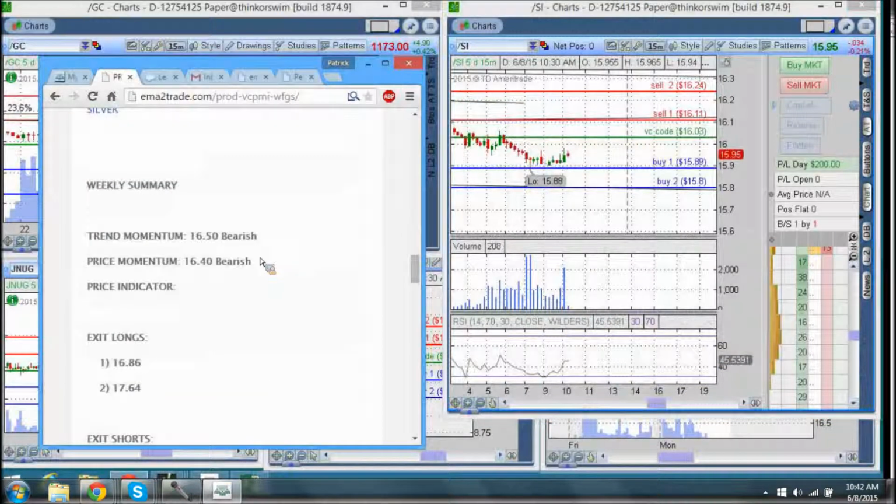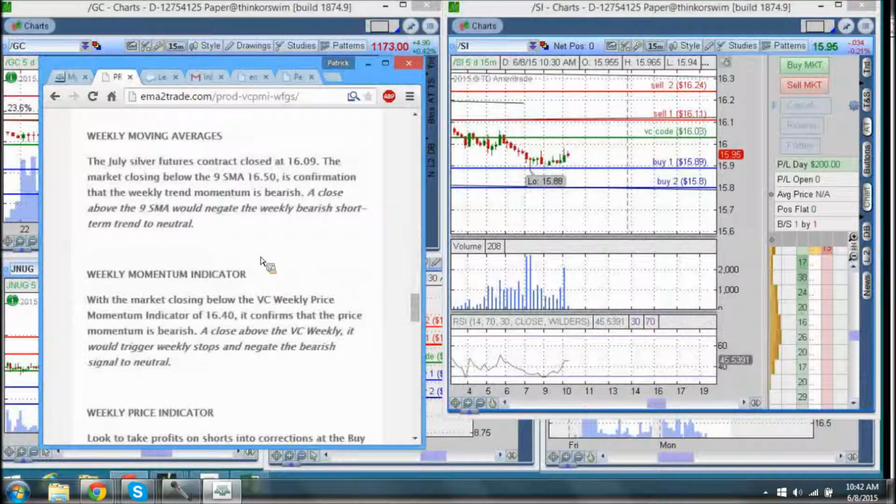The weekly moving averages: the July silver futures contract closed at 1609 on Friday, and the market closing below the 9-day moving average of 1650 is confirmation that the weekly trend momentum is bearish. But it tells you a close above 1650 would negate the weekly bearish short-term trend to neutral. So 1650 is the moving average pivot point that we want to see the market close above.